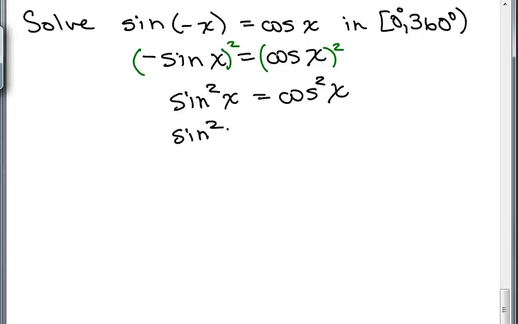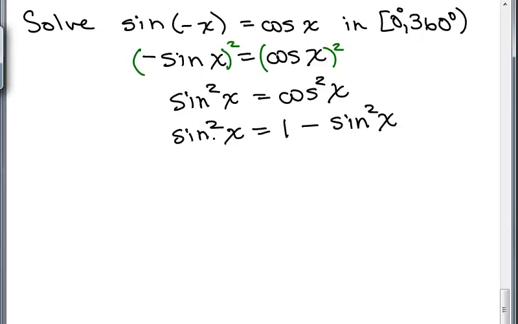I'm going to replace this cosine squared x with the identity 1 minus sine squared x. I'm doing this because I'm thinking, how can I get them to be all the same, either all sine or all cosine? It would look different if you had replaced the sine squared x. So just keep in mind, this is just one way to try solving this equation.